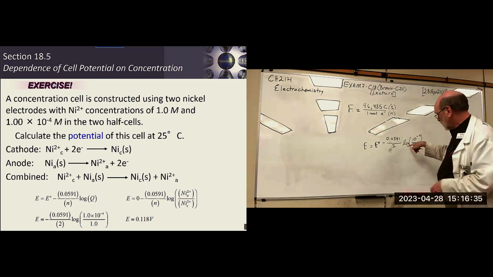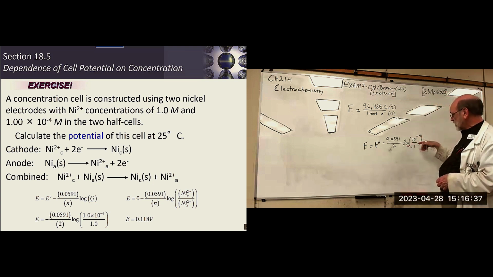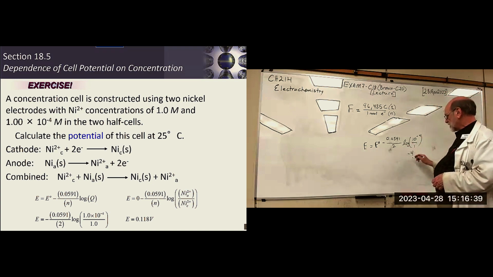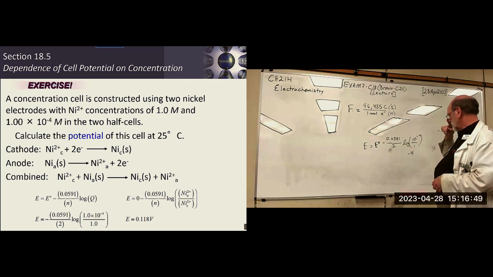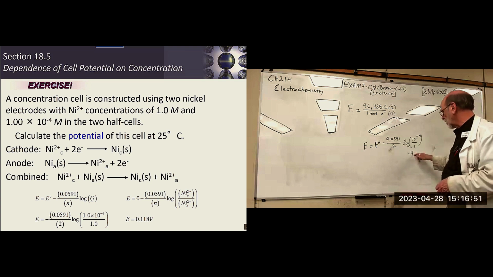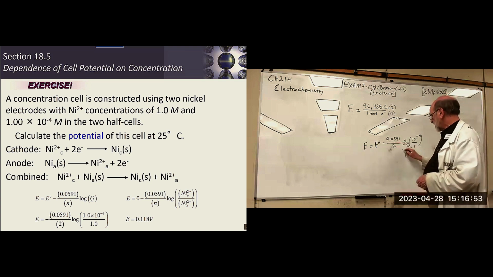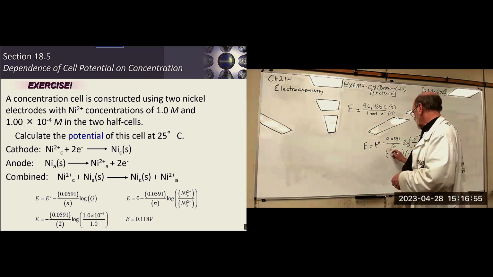Right? So the log of 10 to the minus 4th is minus 4. Yeah, that's right. 10 to the minus 4 times this value, which is a minus.